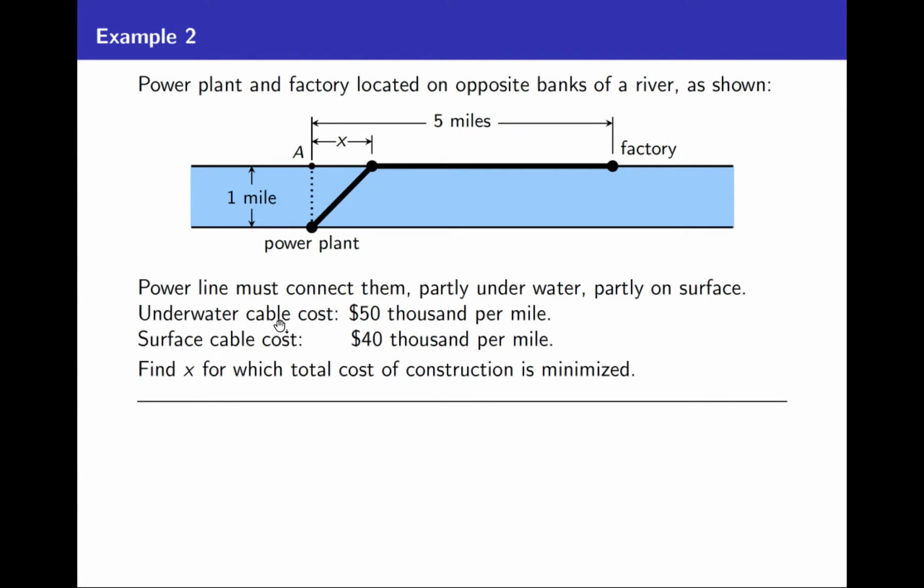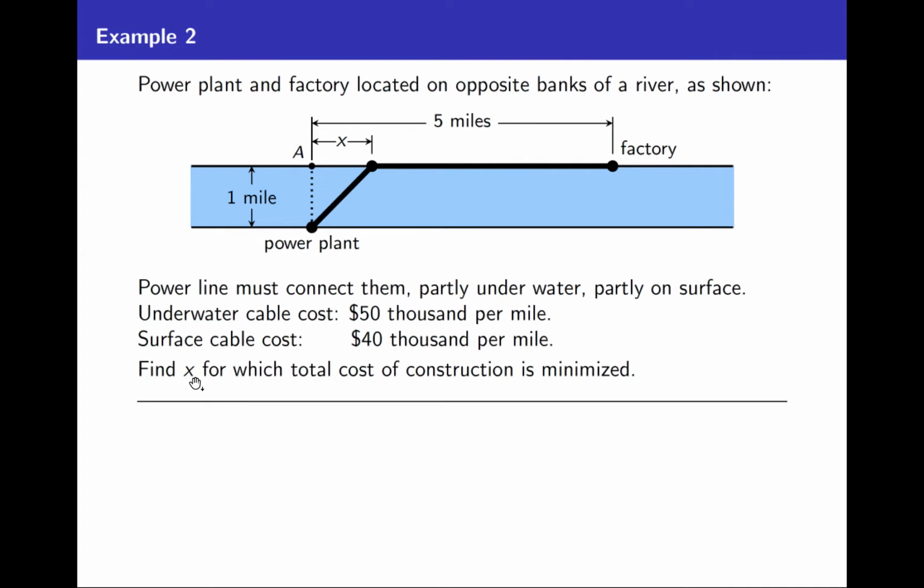This underwater cable costs $50,000 per mile to construct. Whereas the cable along the surface is a little cheaper. It's $40,000 per mile. And the question is, given this information, to find a configuration that minimizes the total cost.